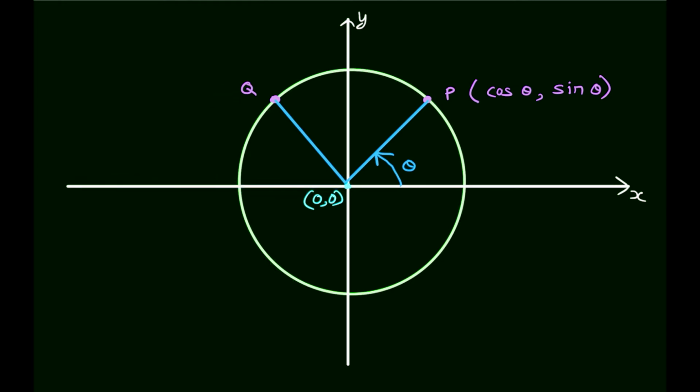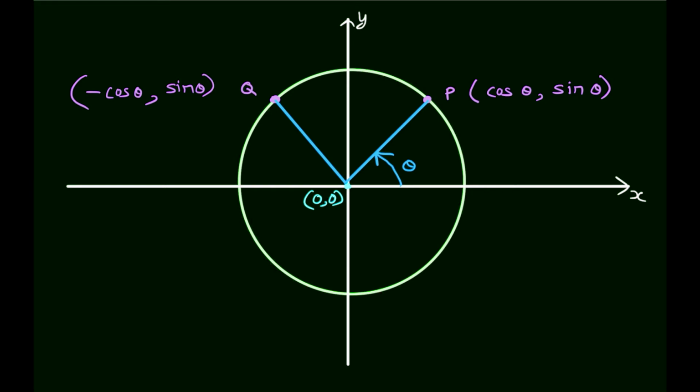So the coordinates of point Q will be negative cosine theta. This will be the x coordinate. What will be the y coordinate? Since they both are at the same height from the x-axis, the y coordinates of point P and Q will be the same. So the y coordinate of point Q will be sine theta. So that's what I can say.